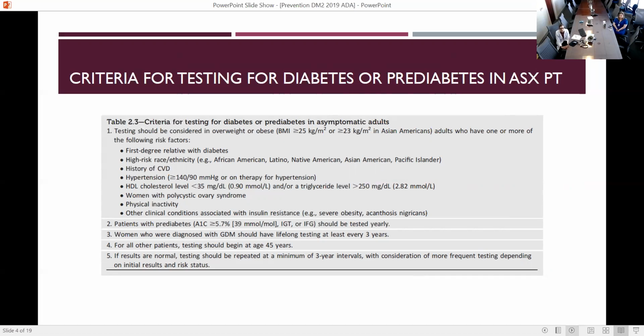Also those with A1Cs that are a bit elevated but not yet in the diabetic range. Those you should at least test yearly. And for women who had gestational diabetes, you want to test them lifelong, at least every 3 years.